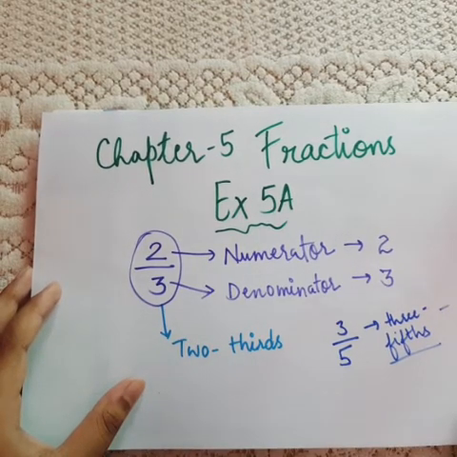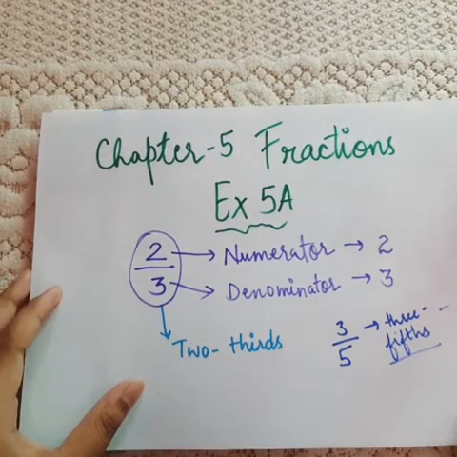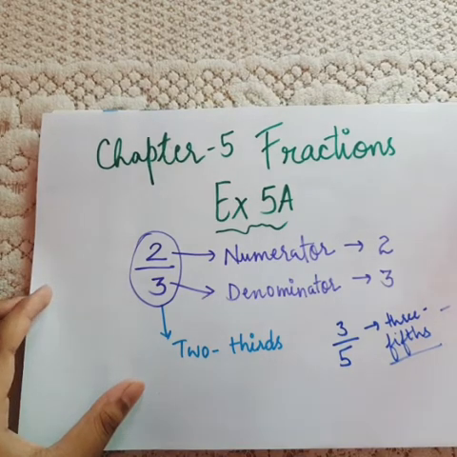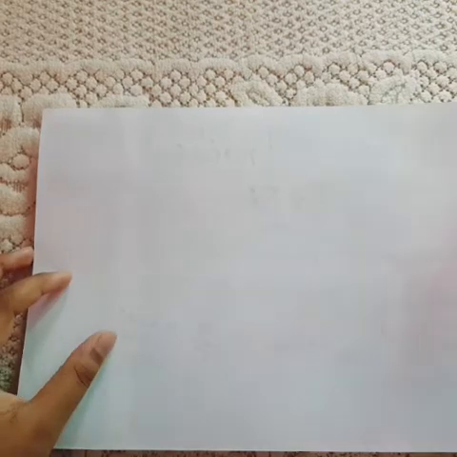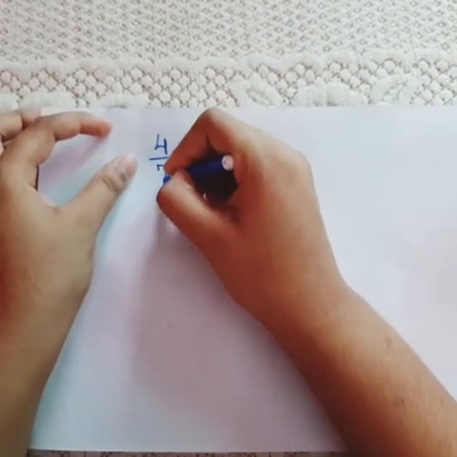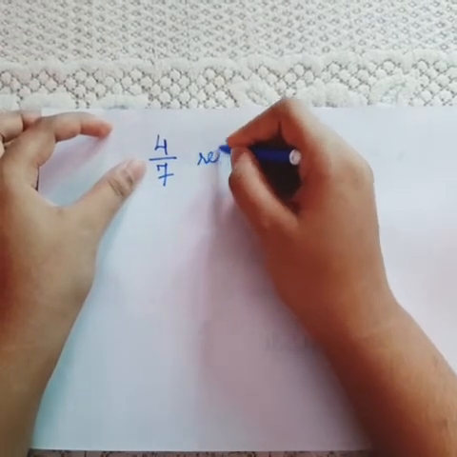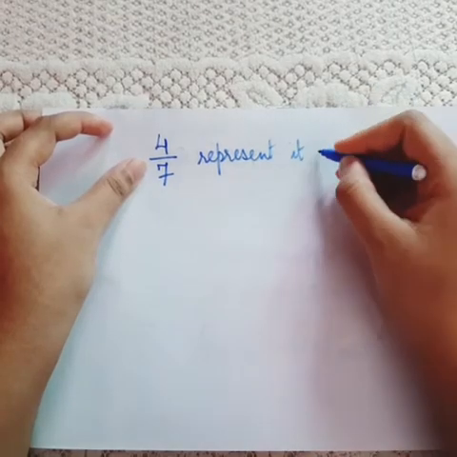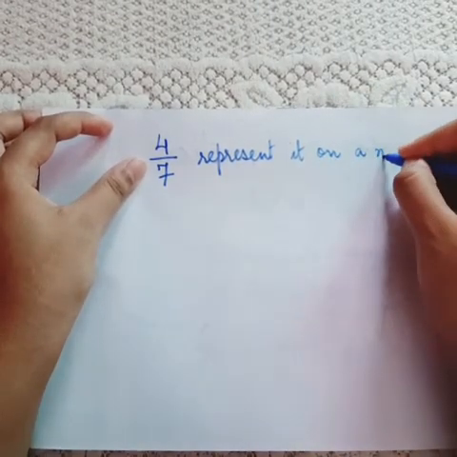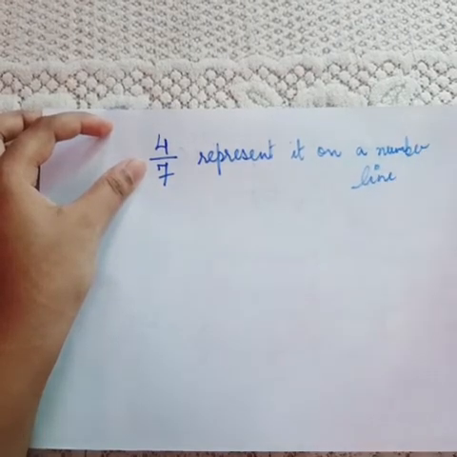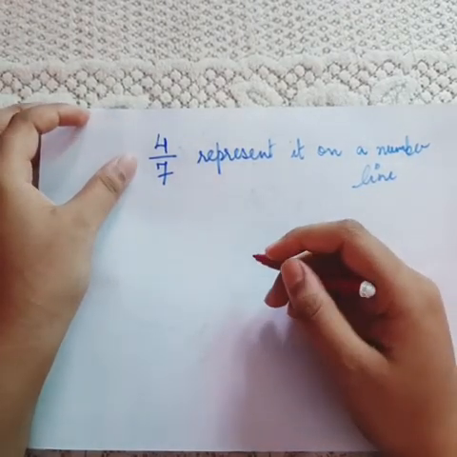Okay, so now we are going to see how to represent a normal number on a number line. See, we have a number 4 by 7 and we have to represent it on a number line. How to denote a fraction on a number line?